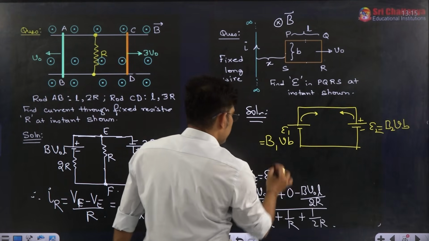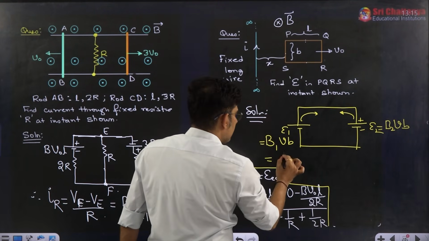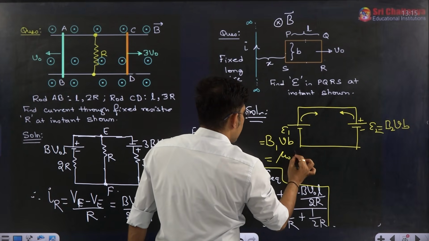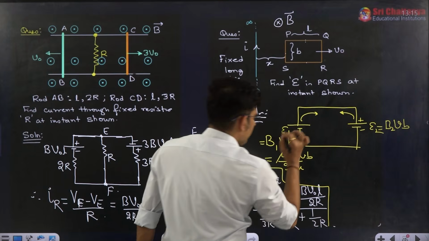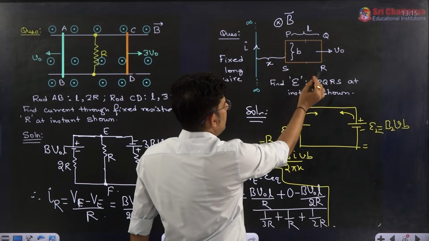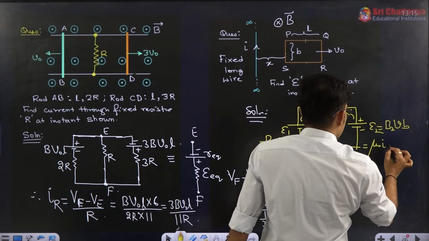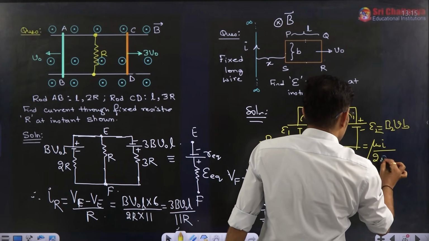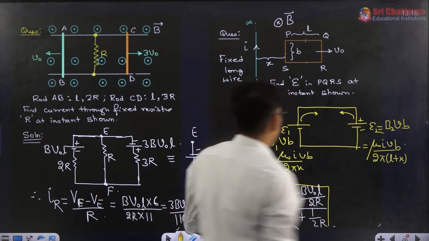Now what is B1 and B2? Very simple. B1 is the magnetic field at x distance, which is mu naught I by 2 pi x, into VB. B2 is the magnetic field due to the long wire at what distance? L plus x. So it will become mu naught I by 2 pi (L plus x) into VB. Now which one is more?